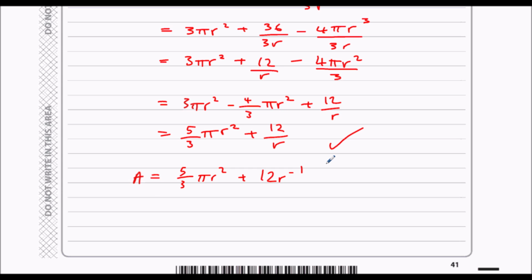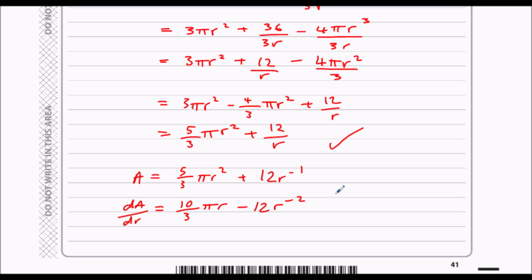So we'll differentiate this. So to find the minimum point, we'll do dA dr. So we're timesing by the power, then taking 1 off the power. So 10/3 pi r minus 12r to the power of -2.